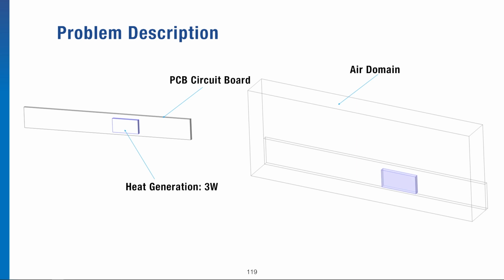In our case here, we have a circuit board, but this circuit board is relatively simple to model because in this course, the main goal is to help you master the modeling process and methods rather than creating a very complex model.